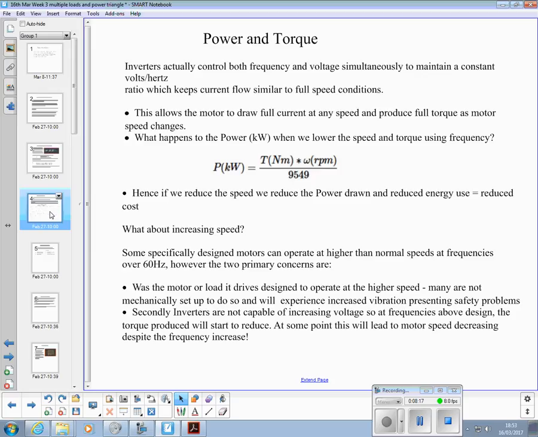If we're just simply keeping the torque constant, the number underneath is a constant. So therefore, if we reduce the revolutions per minute, it'll reduce the power we draw from the supply. So therefore, it's going to use less energy, it'll cost less to run.